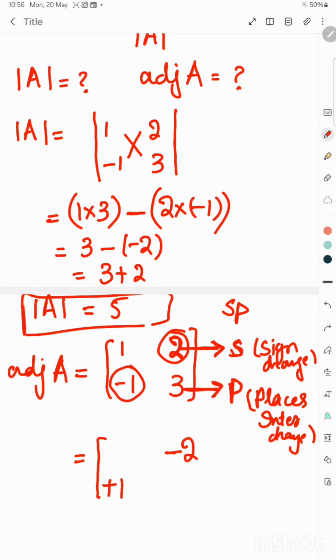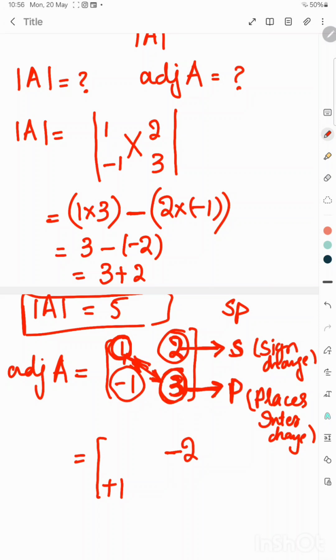Now what is meant by P? P is used for places interchange. So as we write P with these numbers, we just interchange the place of this number with the number opposite to it. Here it is 1 and here it is 3. So we will just interchange these two numbers.